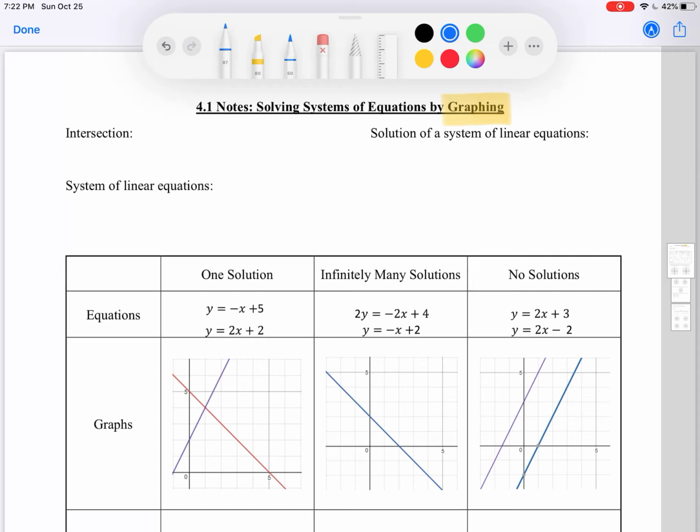That's why I haven't really been explicit as to what systems of equations are, because that's one of our vocab words. So the first one is going to be an intersection, and just like when you hear the word intersection, we're thinking of where two lines cross each other, where they are going to intersect each other.